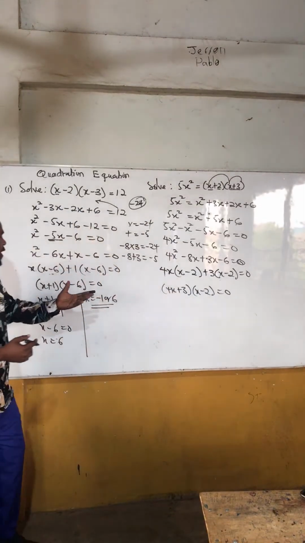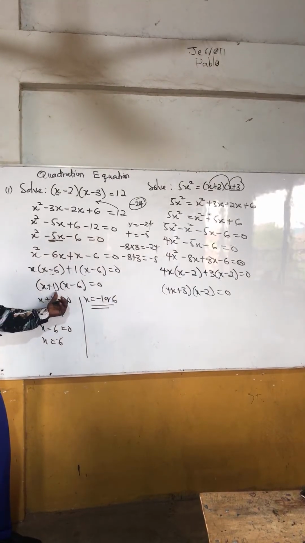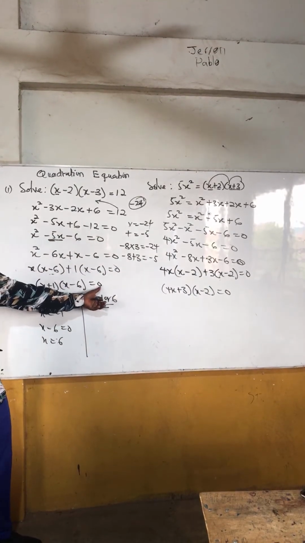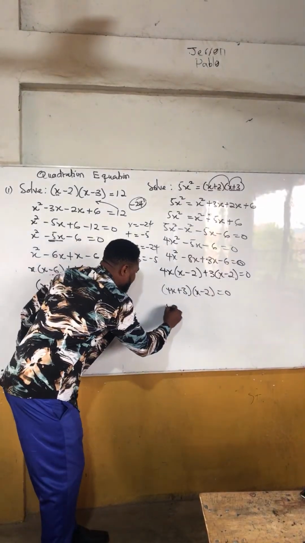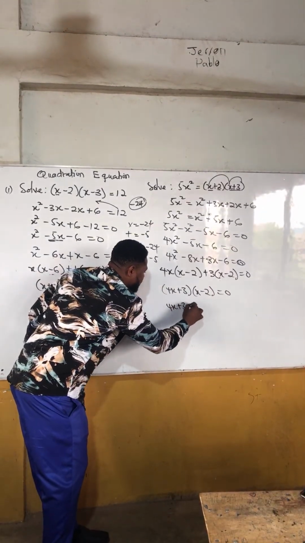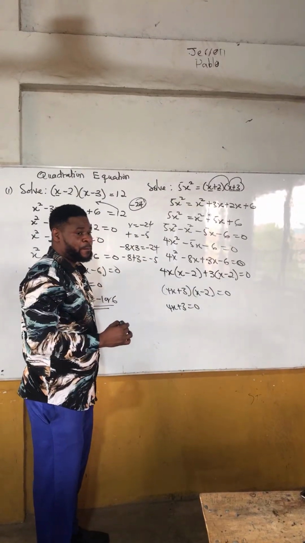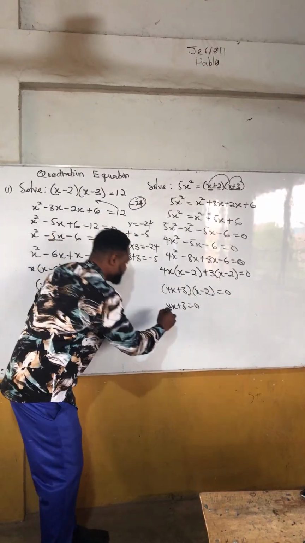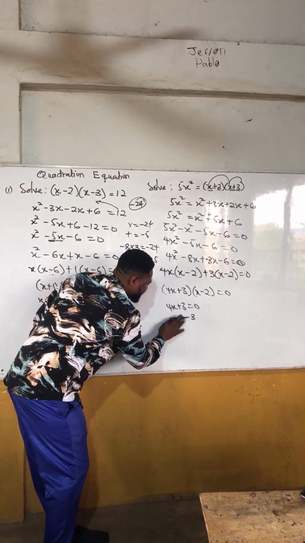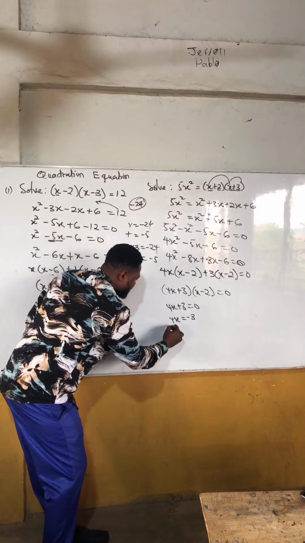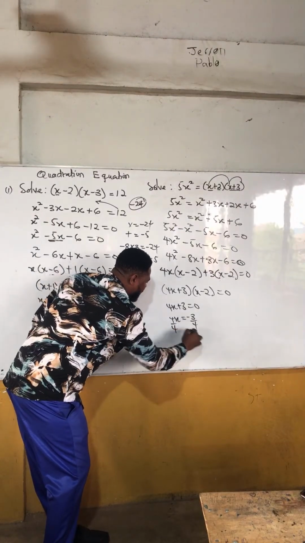Then when we got here, what did we do? We pick the first bracket, we equate it to what? 0. The same thing you do here. So our 4x plus 3 will be equal to what? 0. Then we solve for x. So we have 4x equals minus 3. Divide here by 4, here by 4.